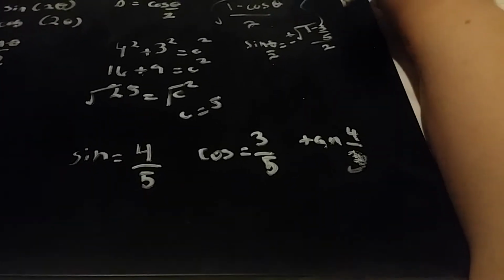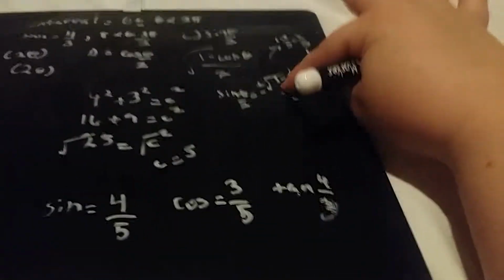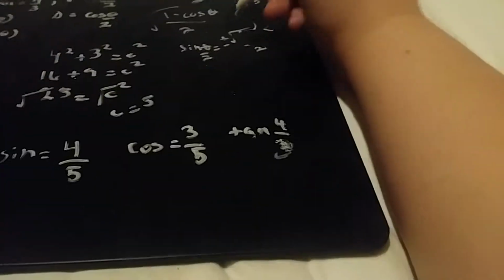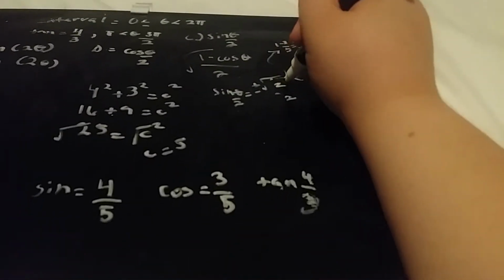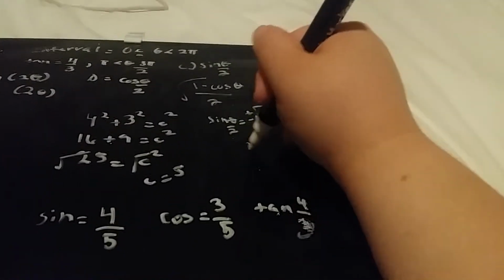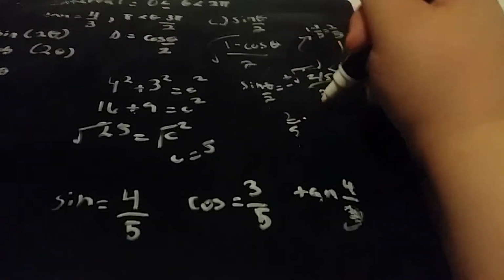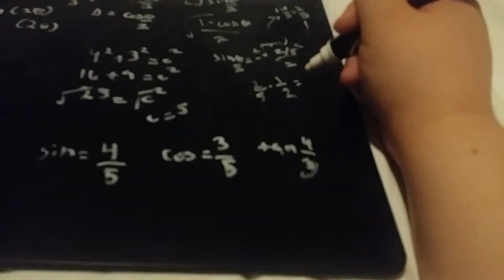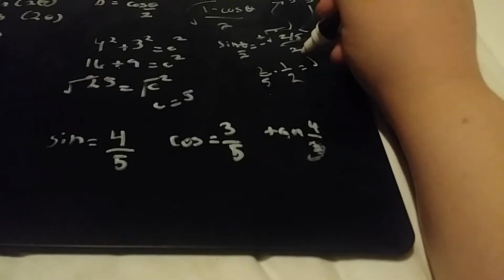Then we bring that back in. So now we're left with 2/5 divided by 2. To make it easier, we're going to do 2/5 times 1/2, which is the reciprocal of 2 over 1. This leaves us with square root of 1 over 5.